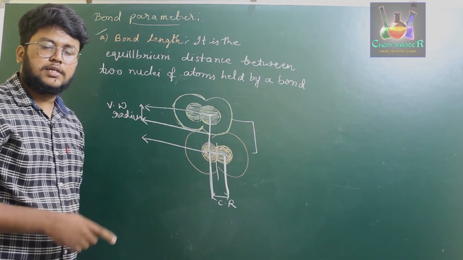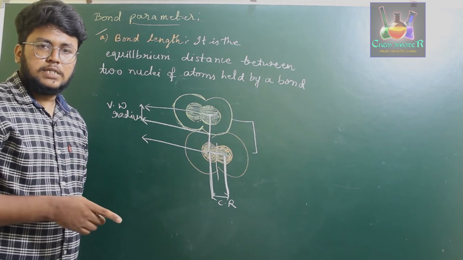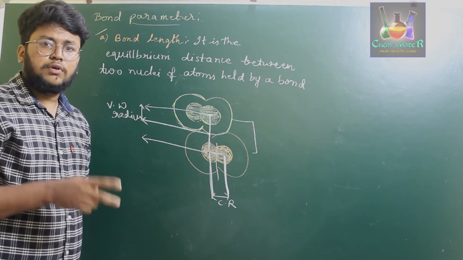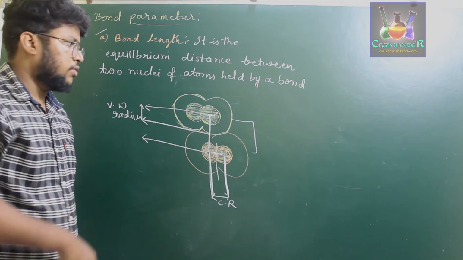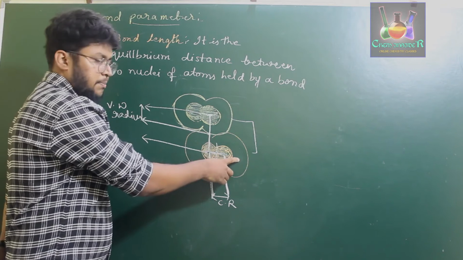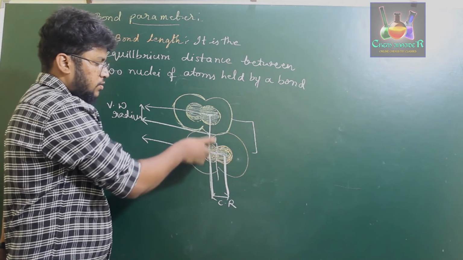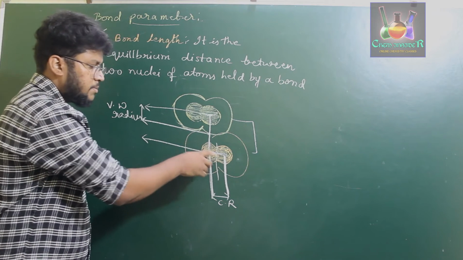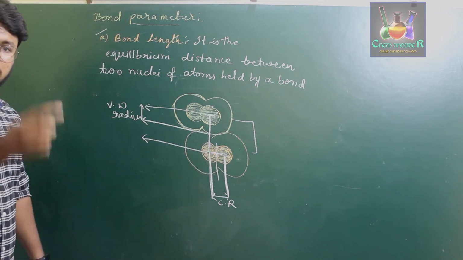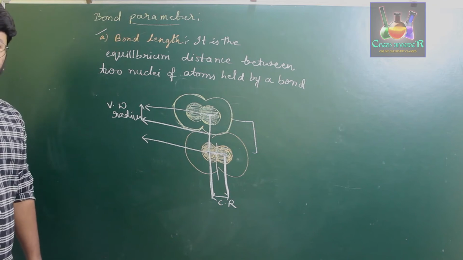Van der Waals radii is half of the distance between the nuclei of two chlorine atoms belonging to two adjacent molecules. Okay, these two are separate molecules. Half of these two distances is called van der Waals radii. Half of the distance between two atoms present in the same molecule is called the covalent radii.